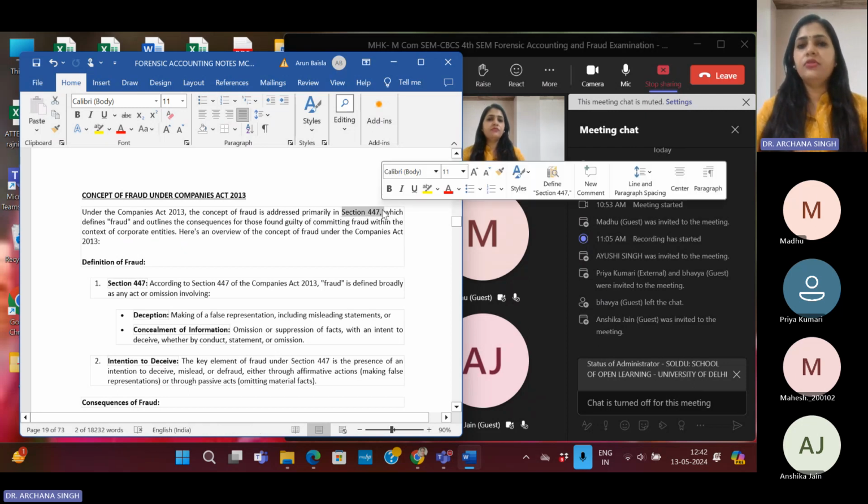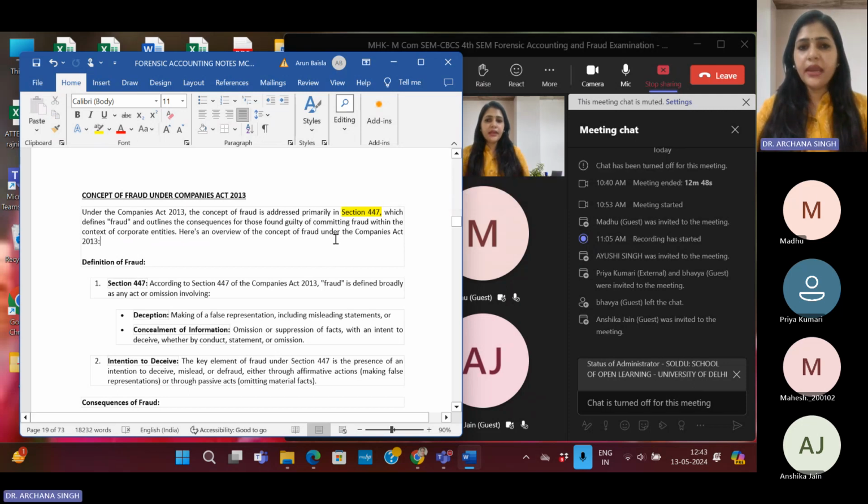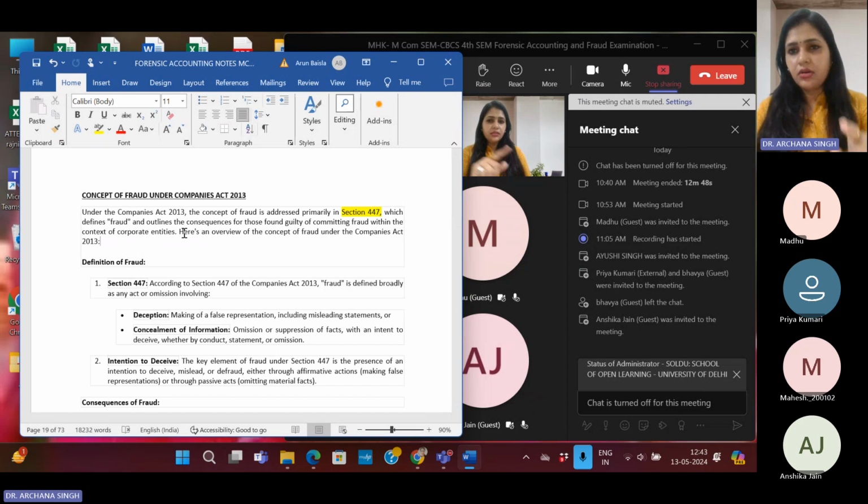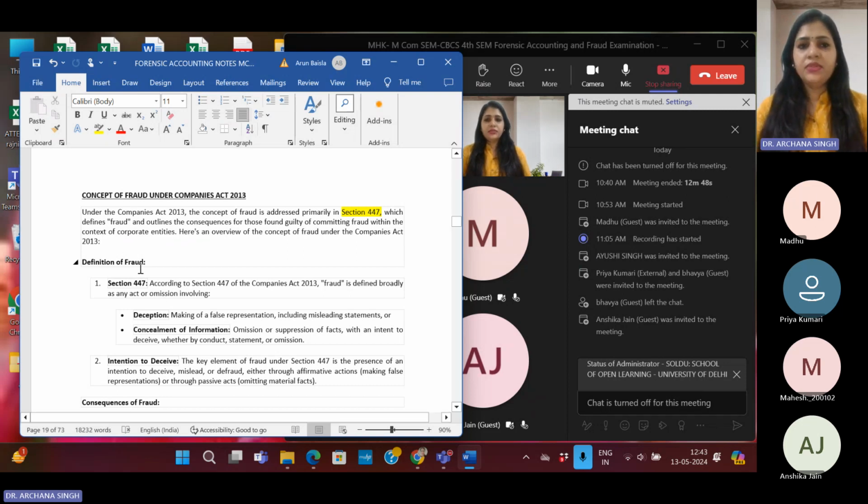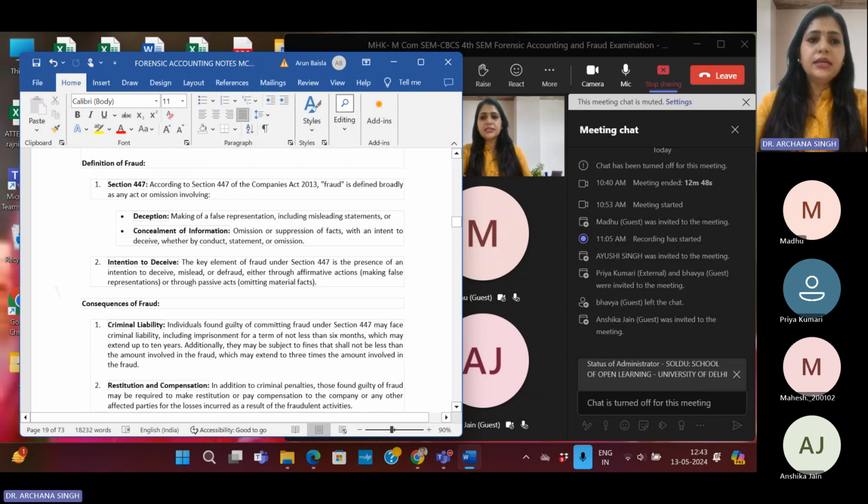Section 447 defines fraud and outlines the consequences for those found guilty of committing fraud within the context of corporate entities. So we will discuss the concept of fraud under the Companies Act according to section 447. First is the definition of fraud according to section 447 of the Companies Act 2013.